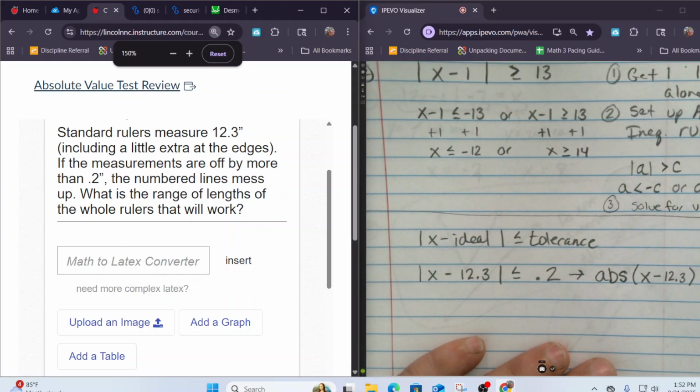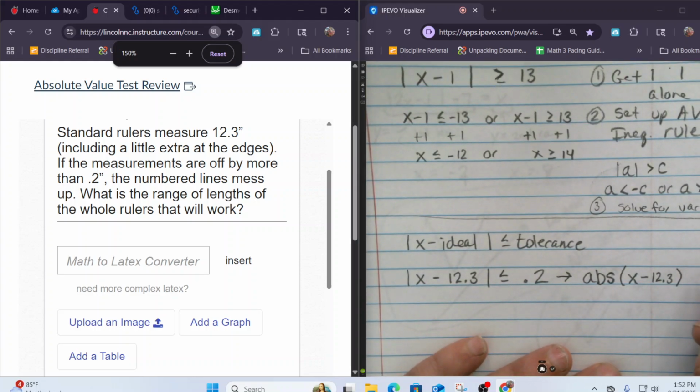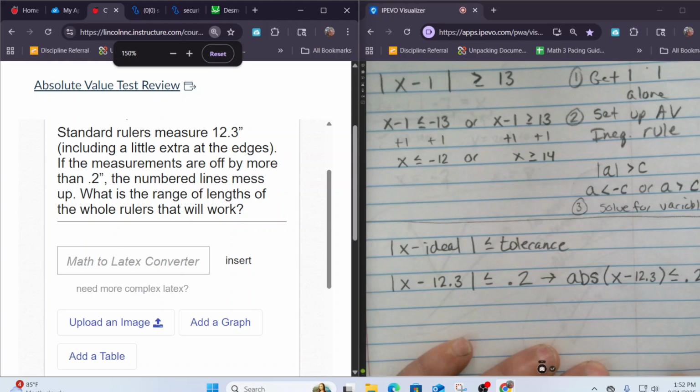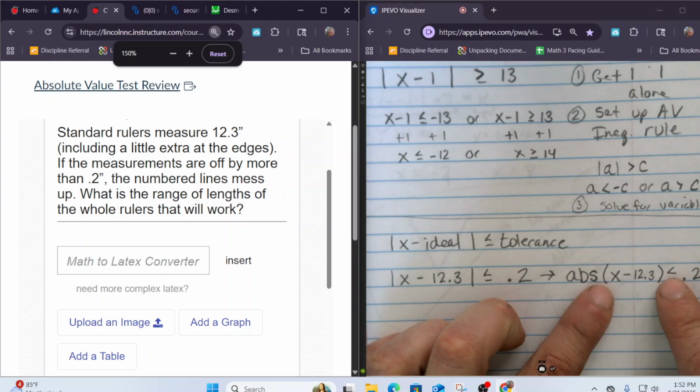So there's your just regular old parentheses. Less than or equal to, tolerance. So the only thing really different is the ABS; these are parentheses.